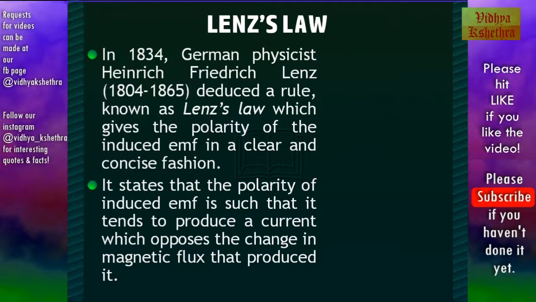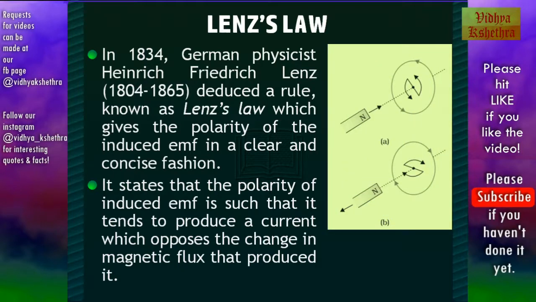We can use Lenz's law to explain the direction of current in Faraday's experiment where the magnet was moved inside a coil. When the north pole was close to the coil and the magnet was moved, a current was induced in the anti-clockwise direction, which opposed the motion of the magnet.